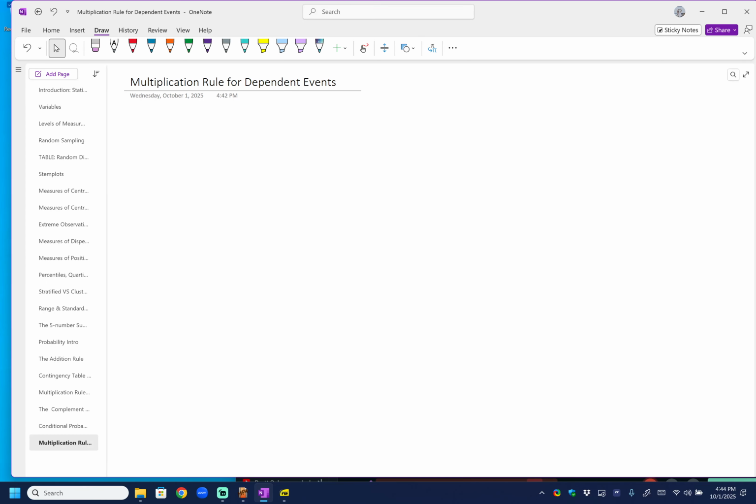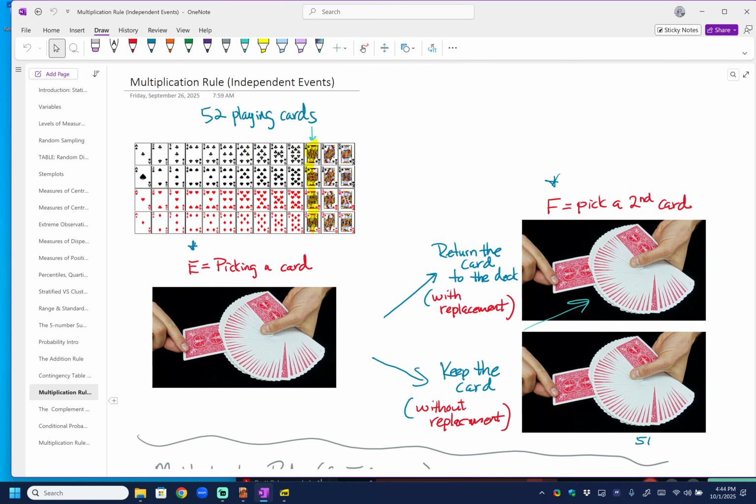As you recall, the multiplication rule for independent events was the following. The probability of E and F is equal to the product of the individual probabilities of E and F. We specifically used this rule in a previous video where we were, for example, picking a card out of a deck.